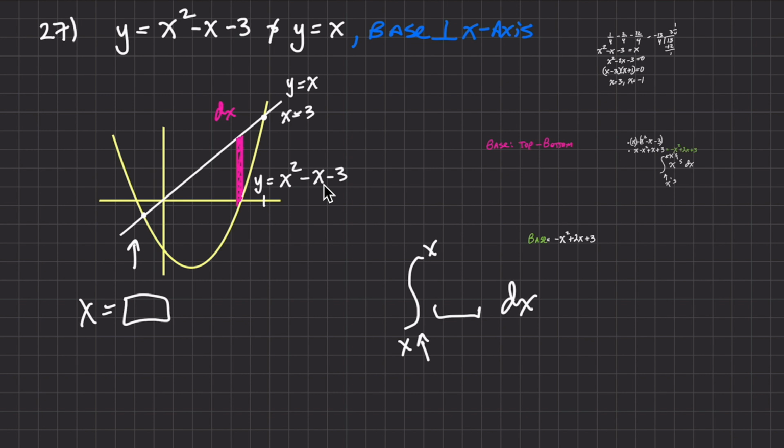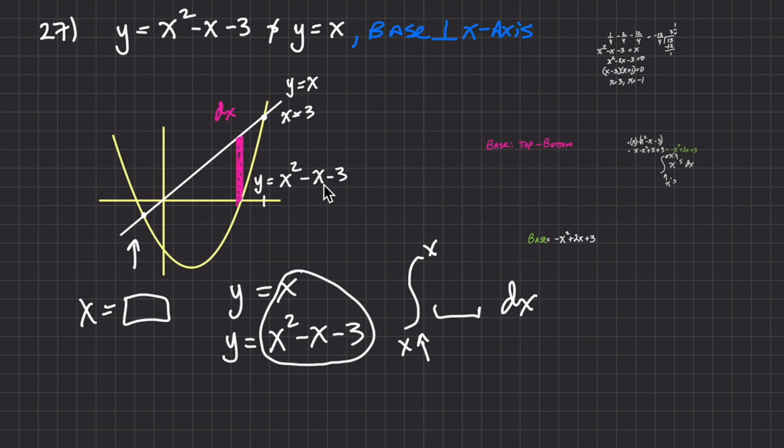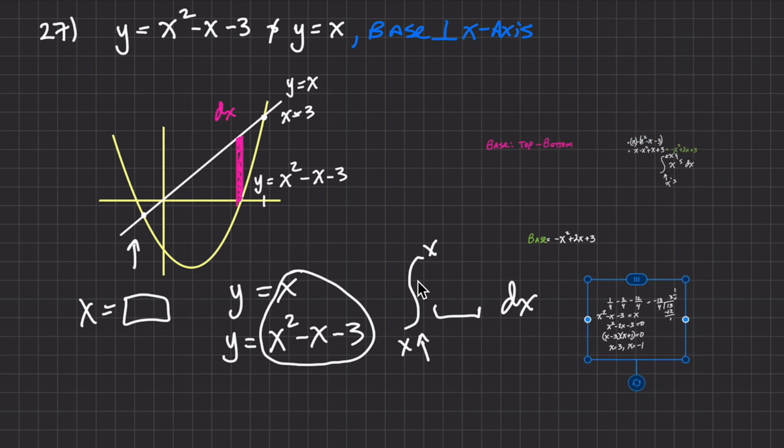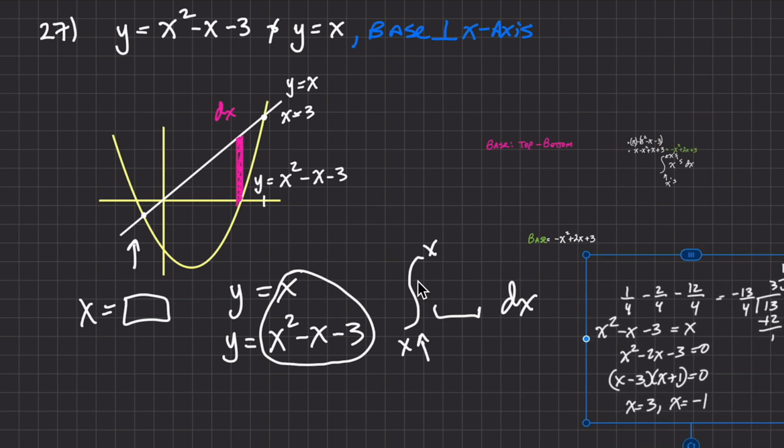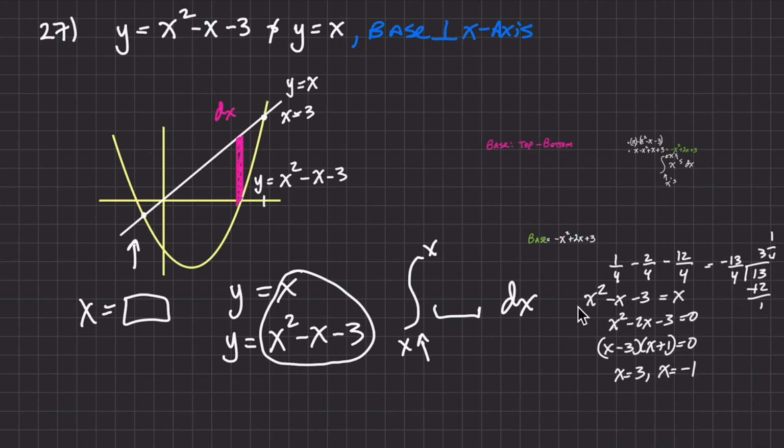So what we're going to do is, if we have y equals x and y equals x squared minus x minus 3, we're going to set these equal to each other, and then solve for the x that makes that true. Here we've gone ahead and done that ahead of time. Let me just blow this up. And here we have that calculation. So we have x squared minus x minus 3 equals x.